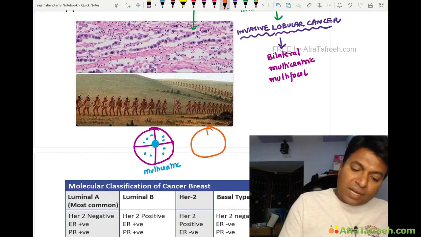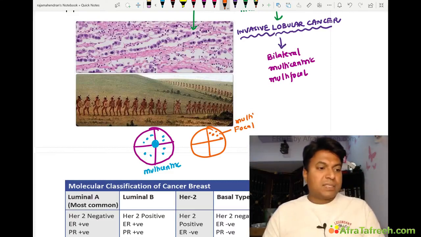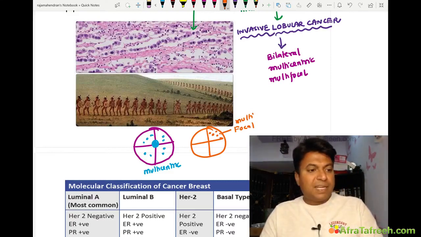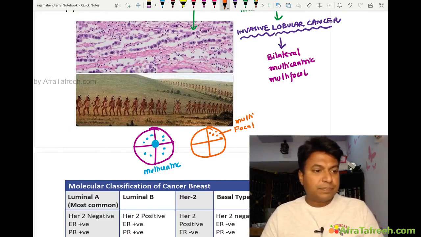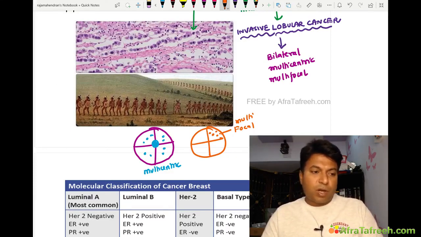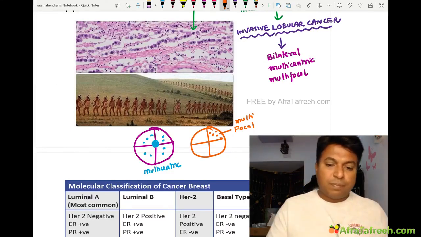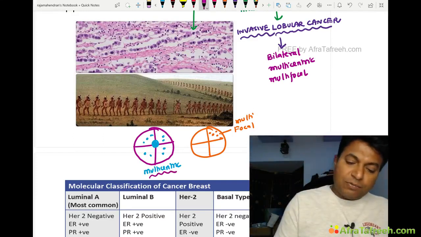In one quadrant of the breast, if you get many cancers, it is multifocal. Multicentric is all quadrants. Please don't forget this point. It is very important and essential for your exams.